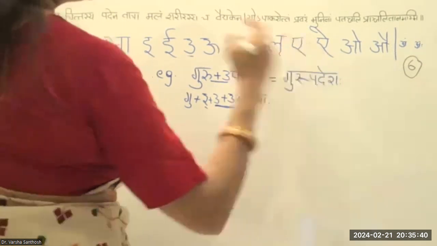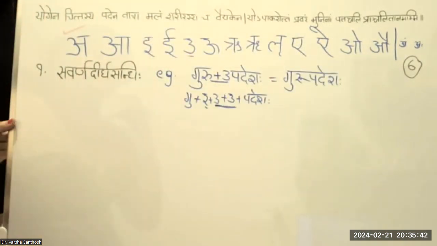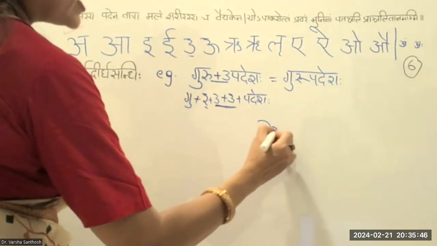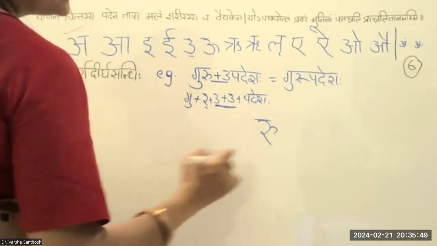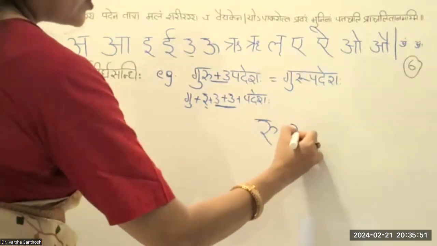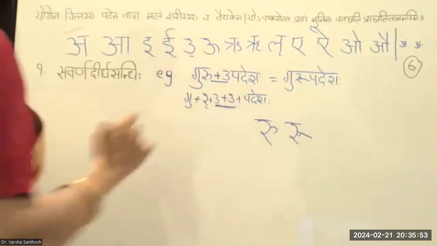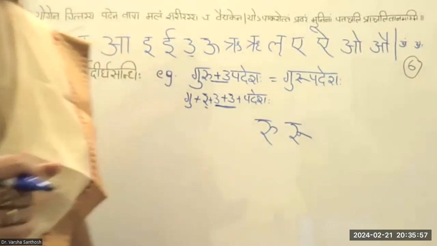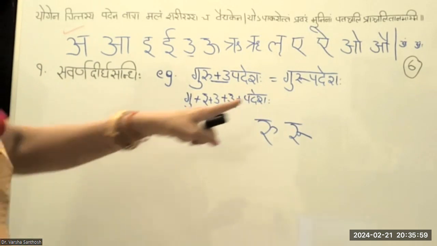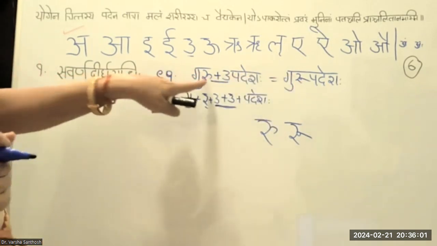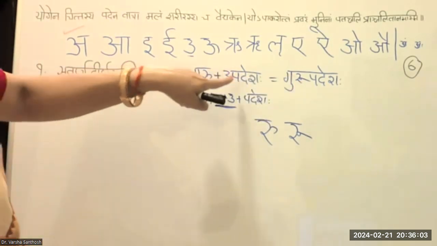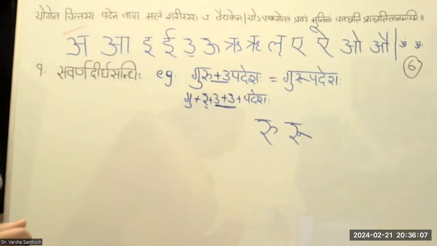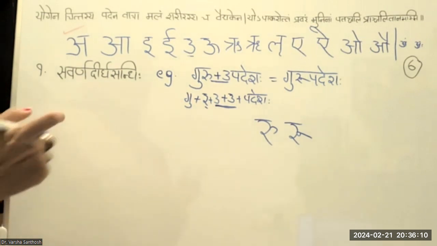Now again we'll need some rejogging of our memories. When this Ru comes, we write short U, Ru like this, and for long, we write like this. I hope everybody remembers how to write the R. Okay. So this becomes Guru Upadesha.